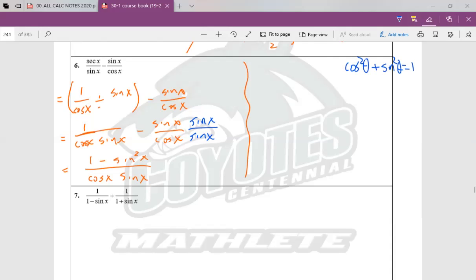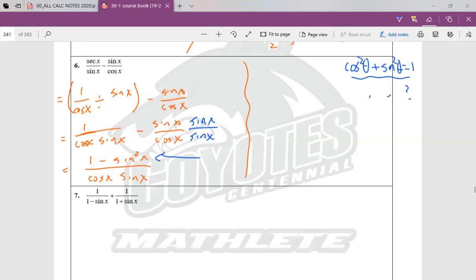We can manipulate that and move stuff around to get anything that we need to use here. The numerator is 1 minus sine squared, so can I manipulate this so it looks like that? Sure. Subtract sine squared from both sides, and 1 minus sine squared is equal to just cos squared.